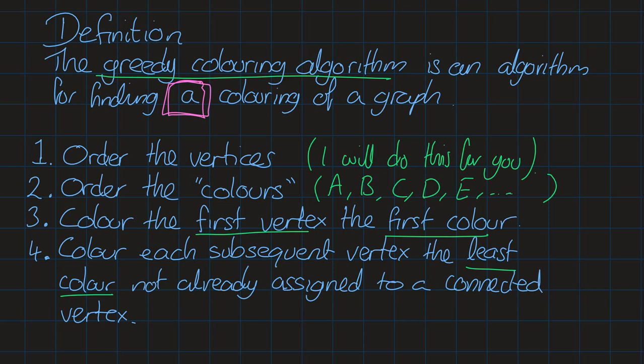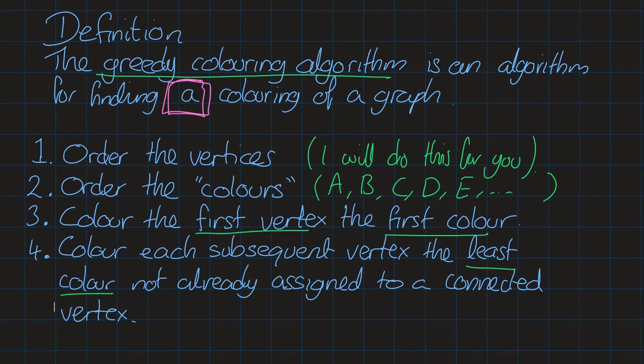So for number 2, you color it A if it's not connected to number 1, or B if it is connected to number 1. So in each step you color the vertex the lowest permissible color. I think it's easier if we just do an example to demonstrate this.